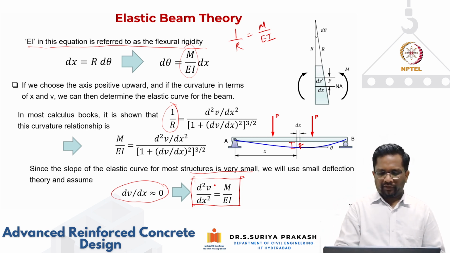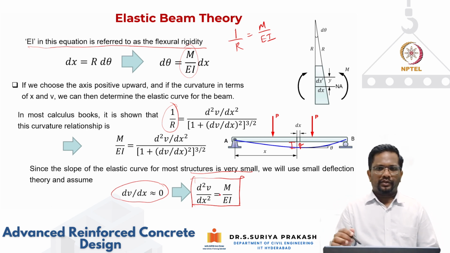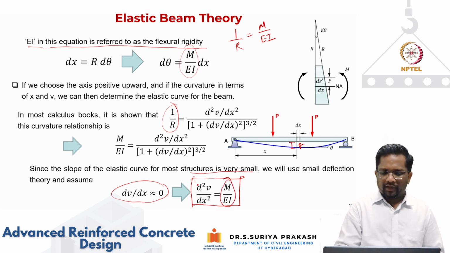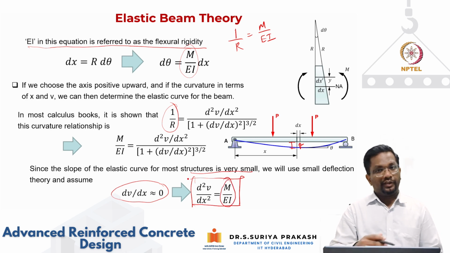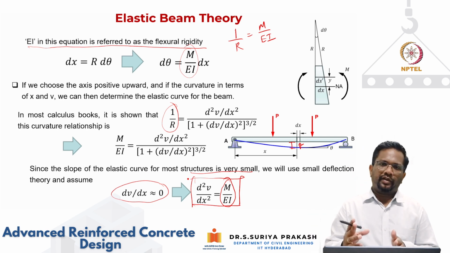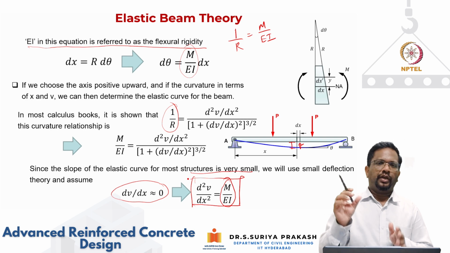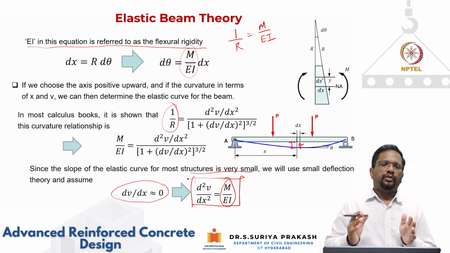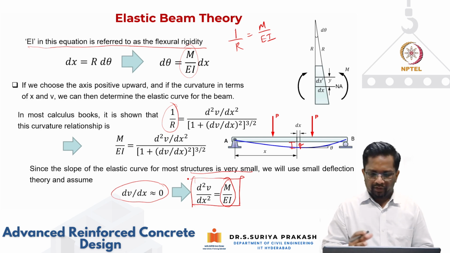So d square v by dx square is equal to your M by EI. As we've seen, if somehow I can find this M by EI, then I can calculate the distribution of curvature along the length of the beam. By integration, I can also find the change in slope between two sections, and also the deflection between the two points.